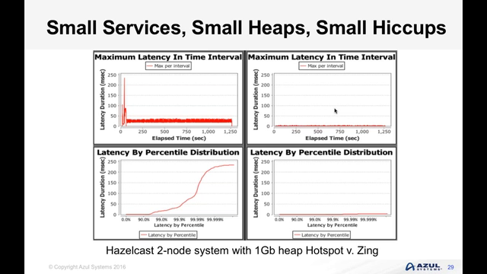As you can see on the left-hand side, we've got the results from Hotspot. The typical latency is somewhere in the region of 25 to 40-ish milliseconds most of the time, with a couple of reasonably big peaks and one fairly big peak in the graph. Breaking that down by percentile, as you move more and more towards the limit of the percentiles, you'll see that the latency increases.